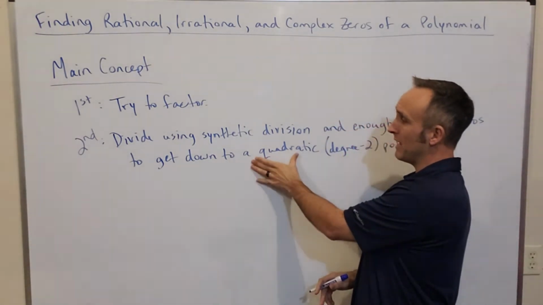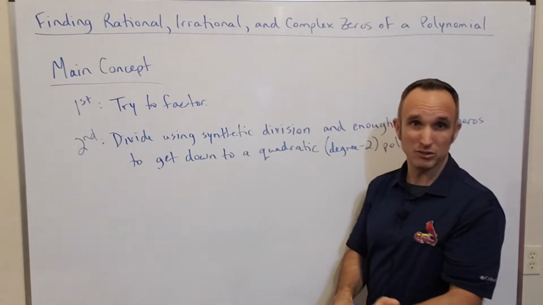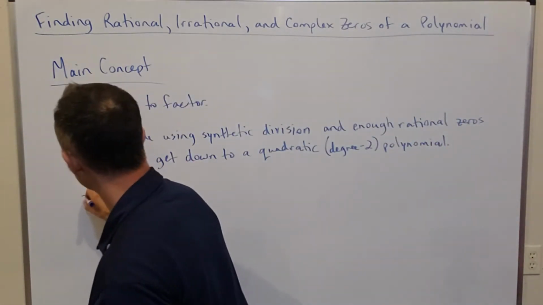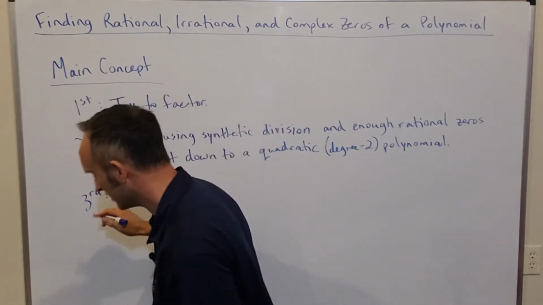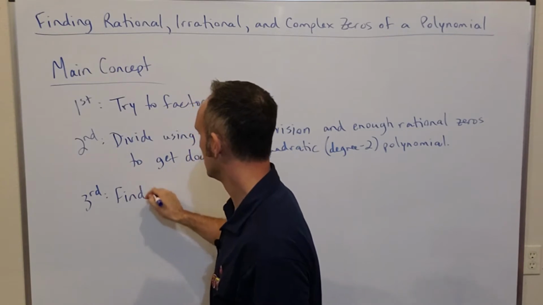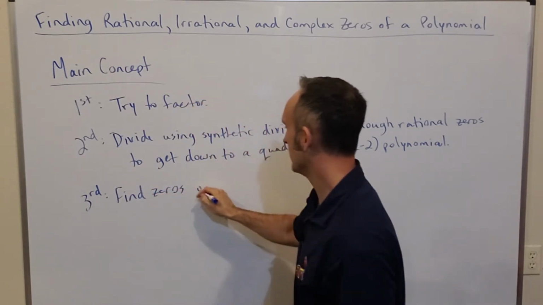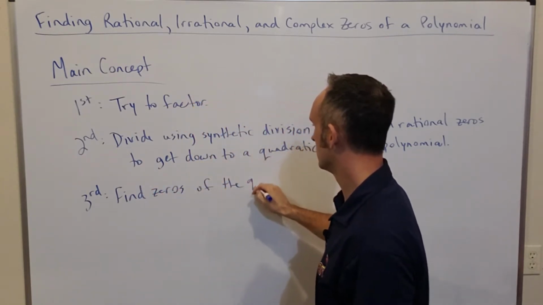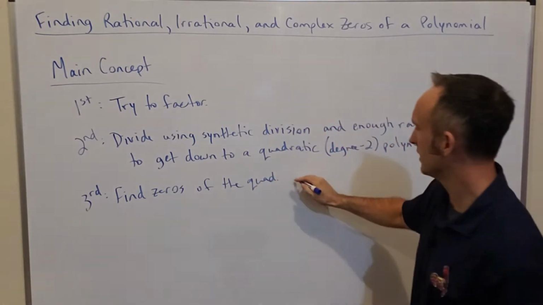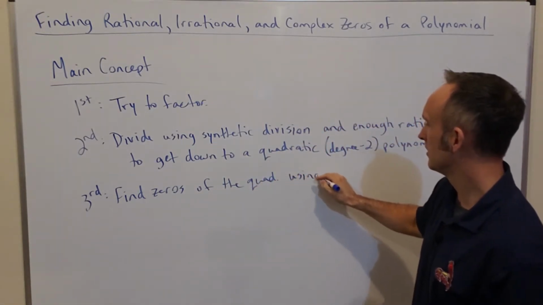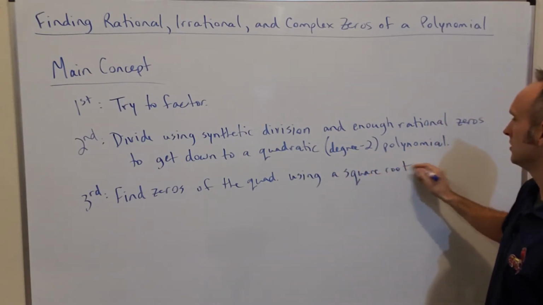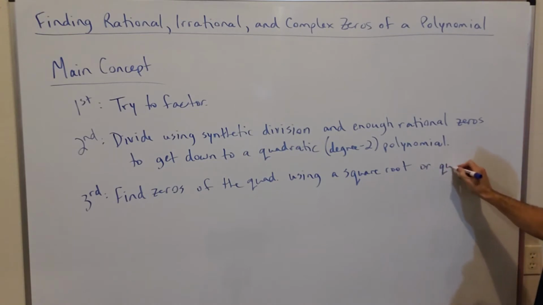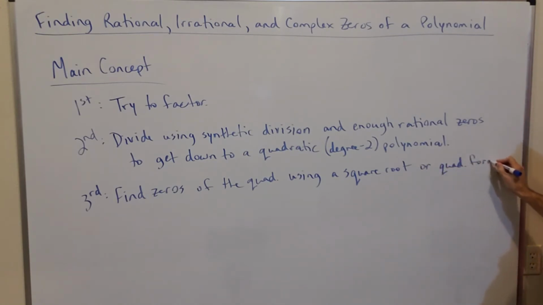Now sometimes you may have a quadratic and you can skip this because you wouldn't have to do any dividing. Once you get to a quadratic, you can find the zeros of the quadratic using a square root or the quadratic formula, depending on whether you have an x term or you don't have an x term.